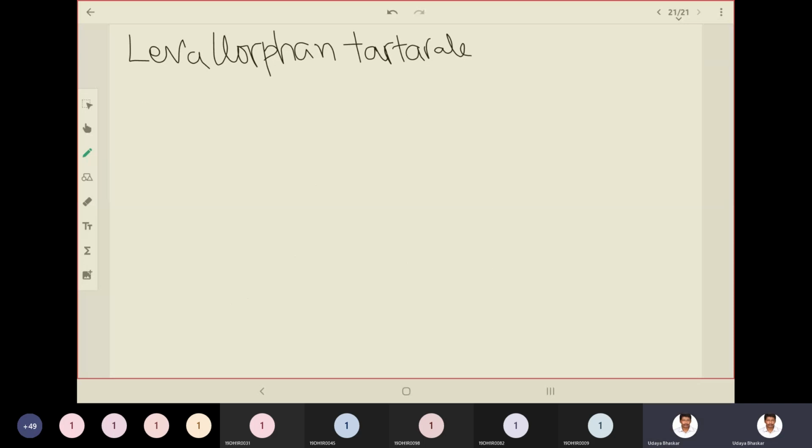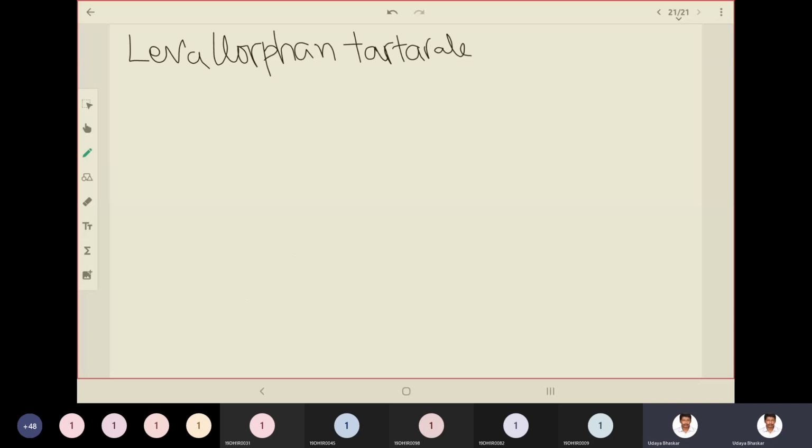Levorphanol tartrate is a narcotic agonist, while levallorphan is an antagonist. The similarity of names should not lead to confusion. Both are tartrate salts.